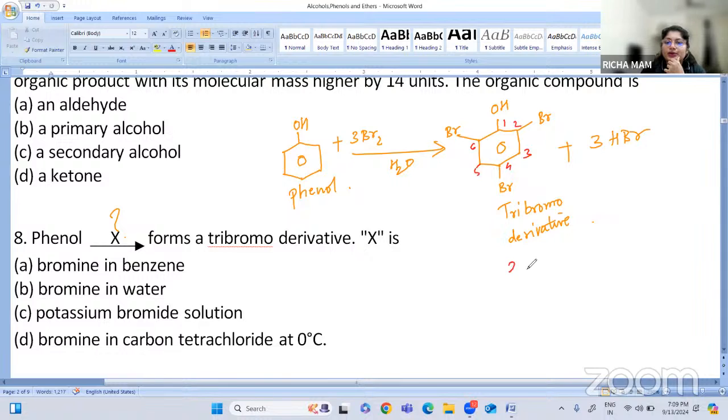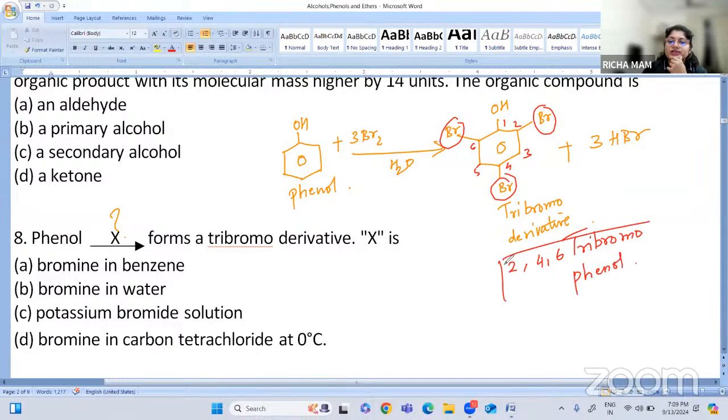It is 2, 4, 6, tribromo, and the parent is phenol. So 2,4,6-tribromophenol. So what is the answer? Bromine in water. Very important reaction when we are preparing the tribromo derivative.